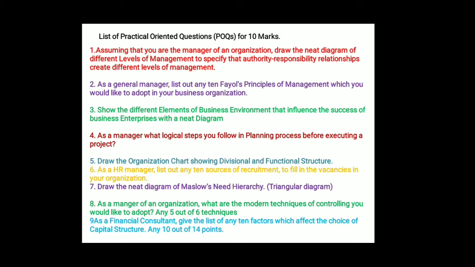First question: assuming that you are the manager of an organization, draw the neat diagram of different levels of management to specify that authority and responsibility relationships create different levels of management. You should mention the levels, functions and positions.